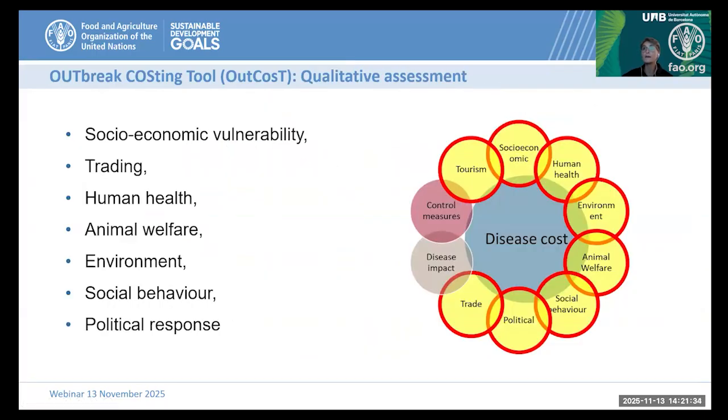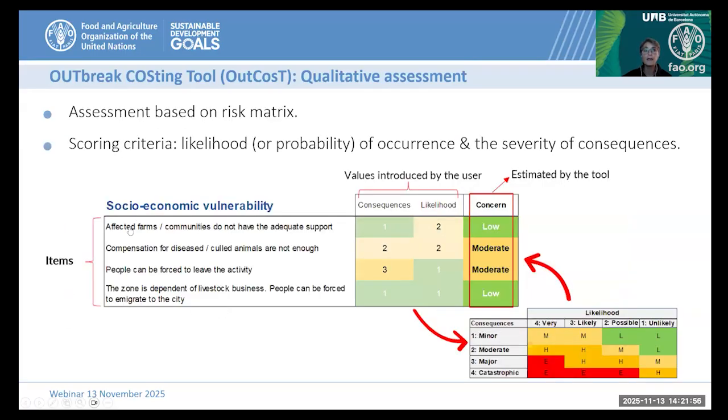So moving to the qualitative assessment, the last spreadsheet of the tool, it focuses on all these aspects highlighted here in the figure on the right in yellow that are not included in the quantitative assessment that I have just described. For these main themes, we also have a series of items that can be evaluated through a qualitative assessment based on a bidimensional risk matrix.